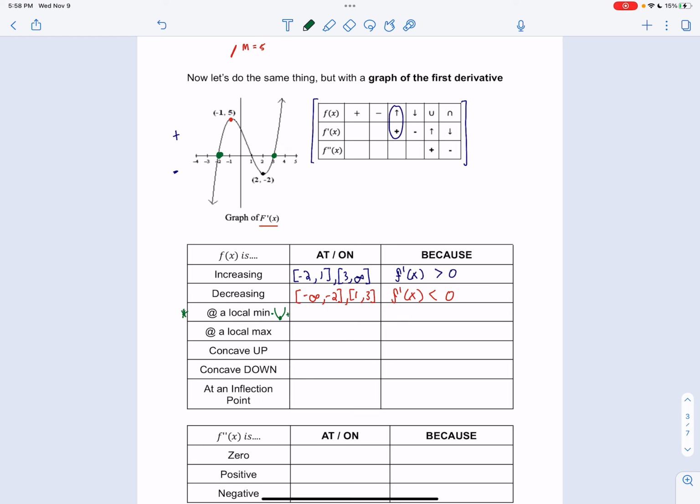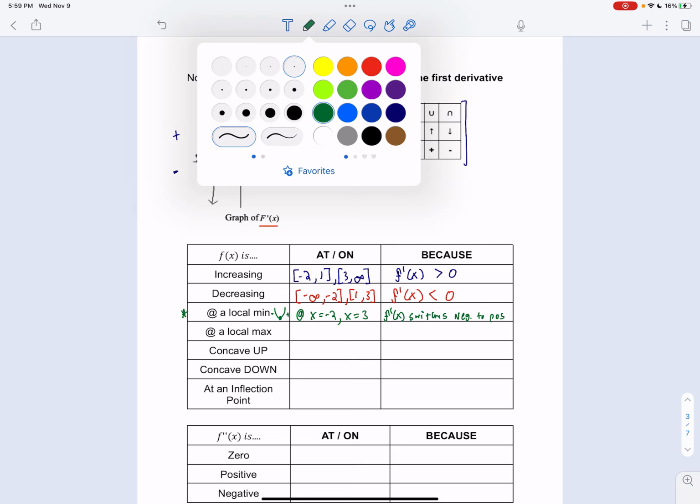So that's going to happen at x equals negative 2 and x equals 3. And what we would say here usually is f prime of x switches negative to positive. And we've covered this before, so this part should be mostly review.